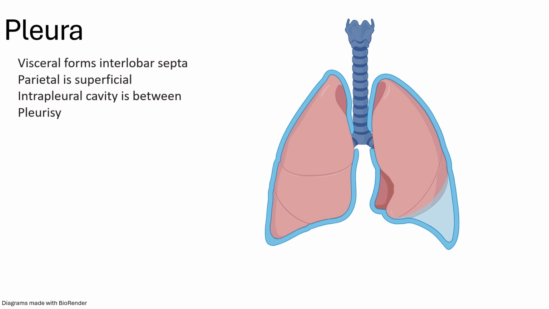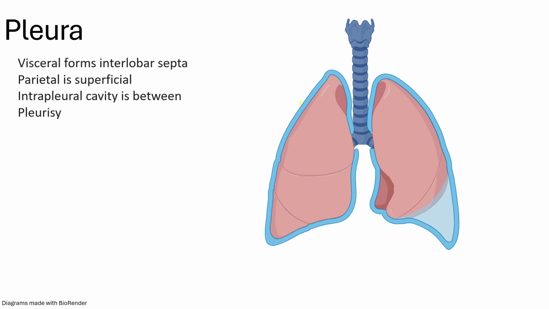The pleura of the lungs is a serous membrane similar to that of the pericardium and other serous membranes that we've seen, right? There are two layers.